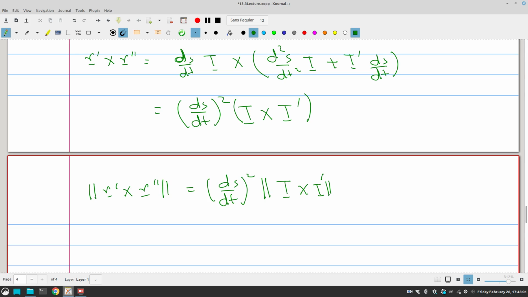Now remember that we proved before that if a vector has constant magnitude, then the vector dot its derivative equals 0. So if a vector has constant magnitude, it is at 90 degrees with its derivative.